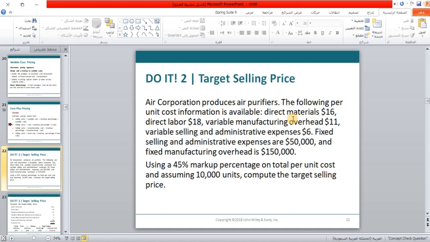Direct materials $16, direct labor $18, variable manufacturing overhead $11, variable selling and administrative expense $6, fixed selling and administrative expense $50,000, and fixed manufacturing overhead $150,000.